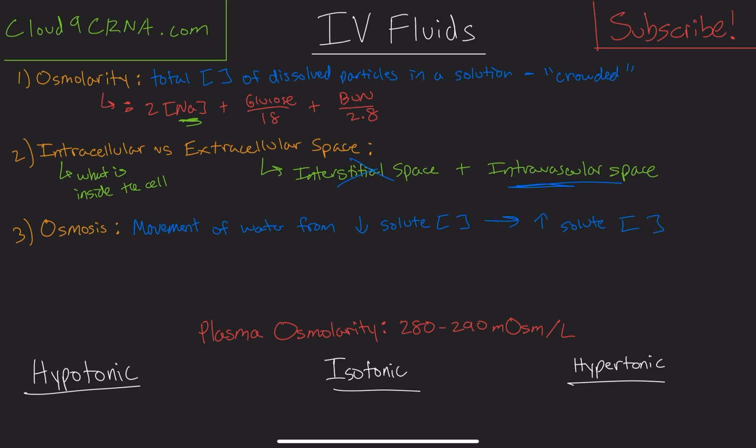Once again, for the purpose of this video, when you're thinking about osmolarity, solute, think sodium. So basically water's moving from an area of low sodium concentration to high sodium concentration.